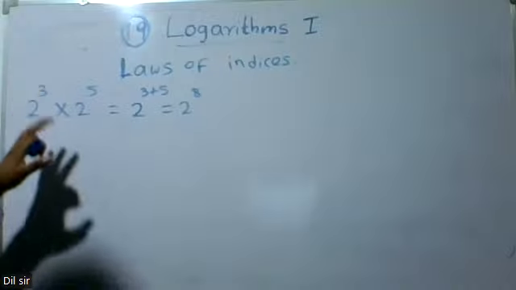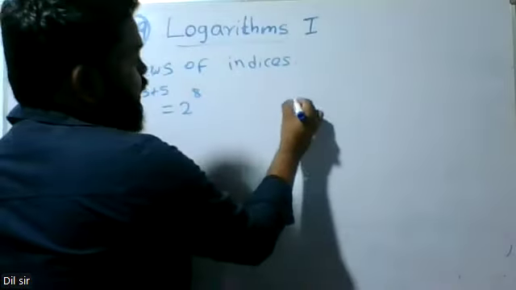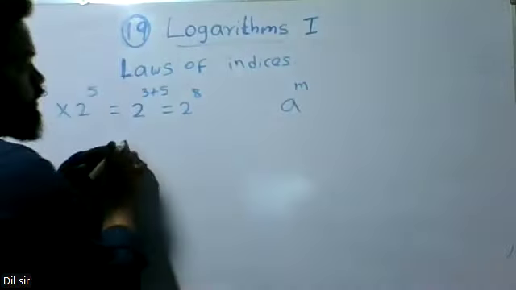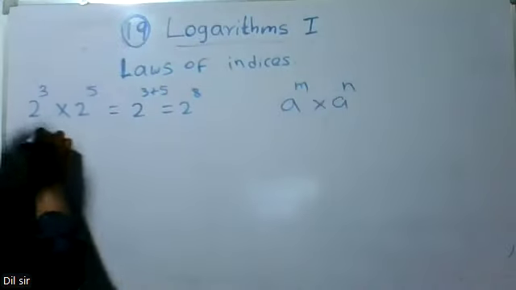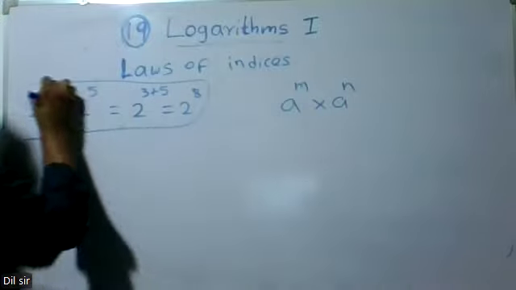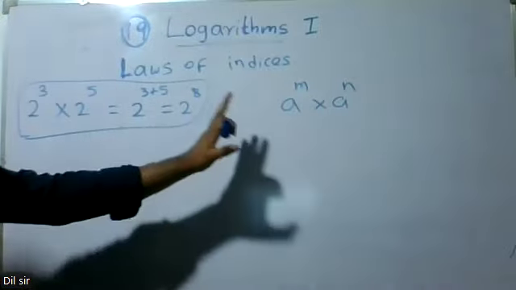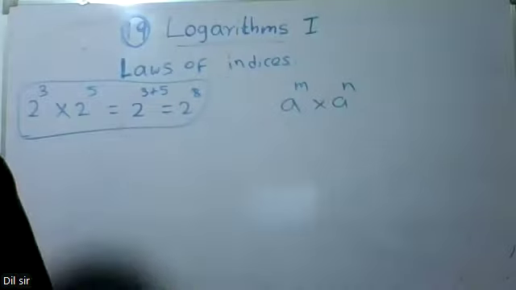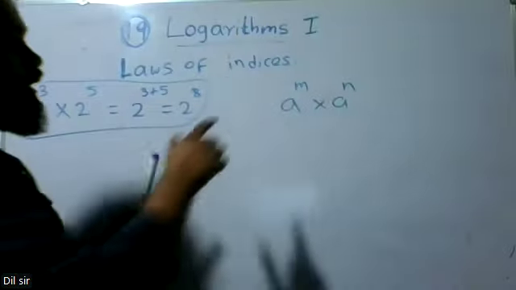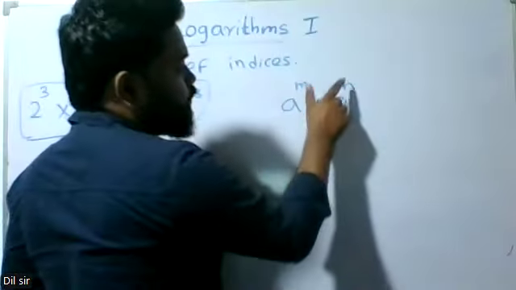Right. What is the law then? The law is a to the power m times a to the power n. Actually, the previous one was an application of the law. We will write the law using symbols, right? a to the power m times a to the power n.